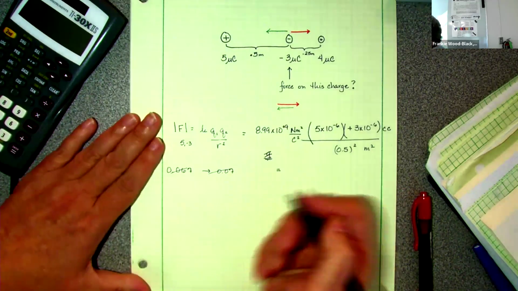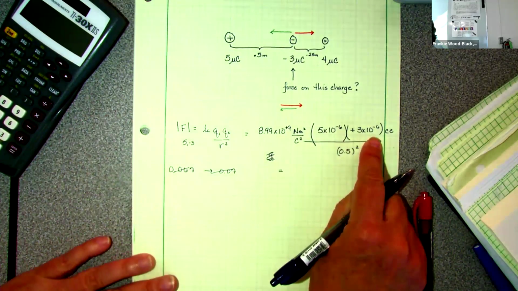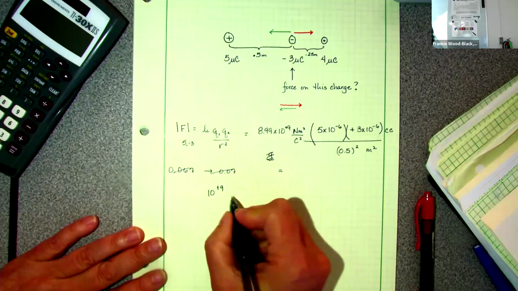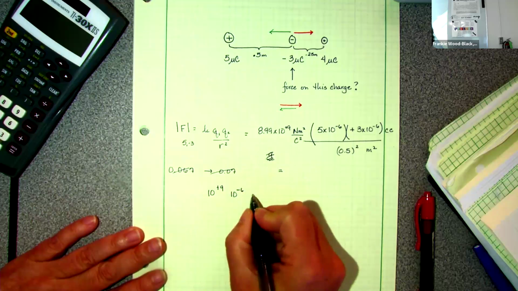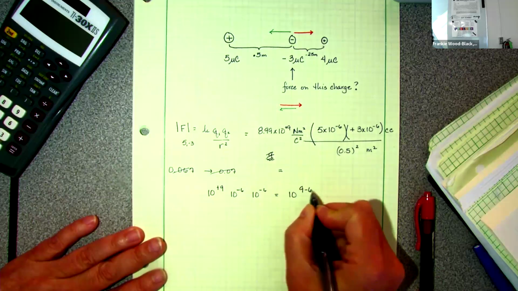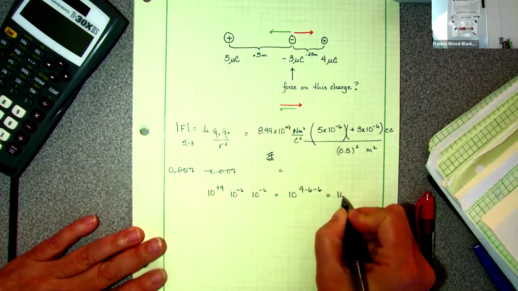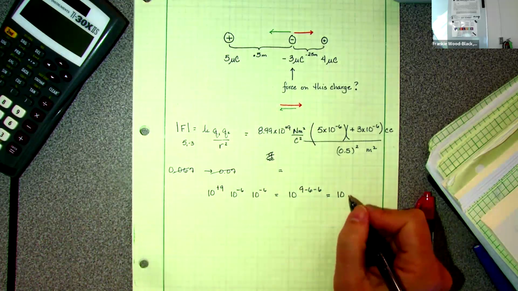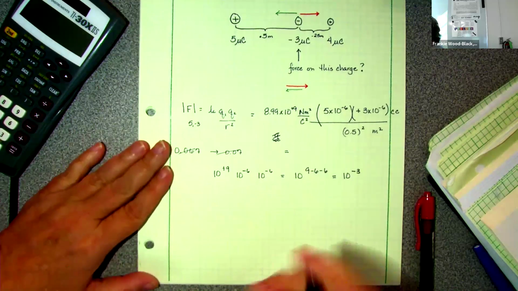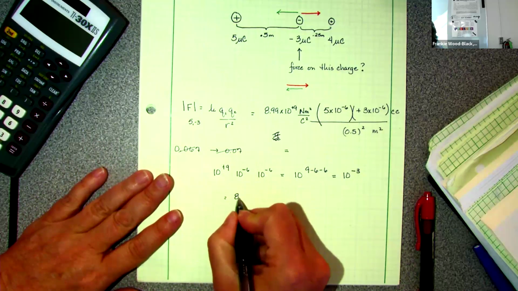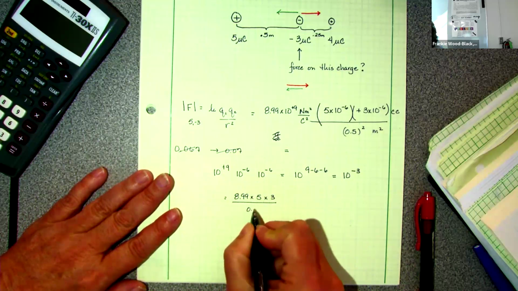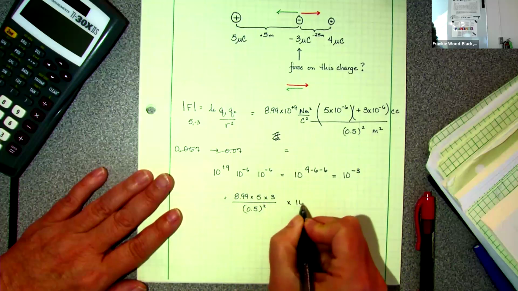And if you don't remember working with exponents, okay, I have 10 to the plus 9, I have 10 to the -6, I have 10 to the -6. That's going to give me 10 to the 9 minus 6 minus 6, which is going to give me 10 to the -3. And so now I just have to type into my calculator 8.99 times 5 times 3 divided by 0.5 squared times 10 to the -3.